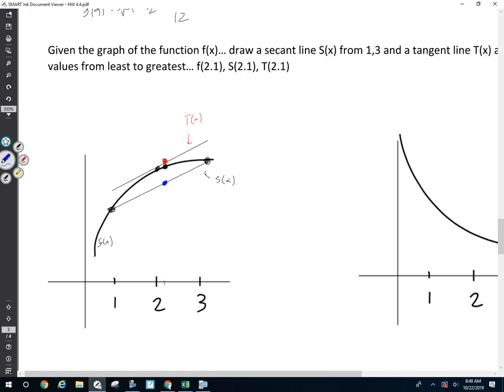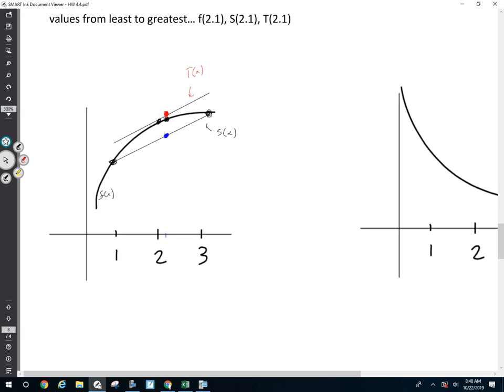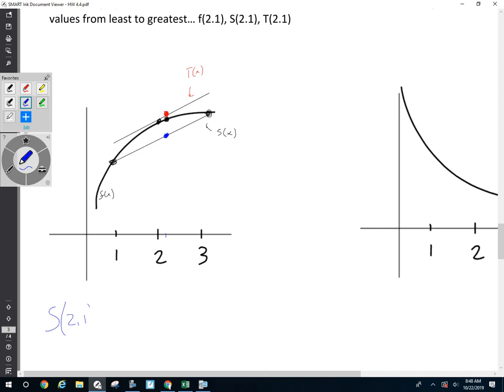So notice from least to greatest, I have s of 2.1, which is less than f of 2.1, which is less than t of 2.1. Okay, so just looking at approximations over and under using different lines.